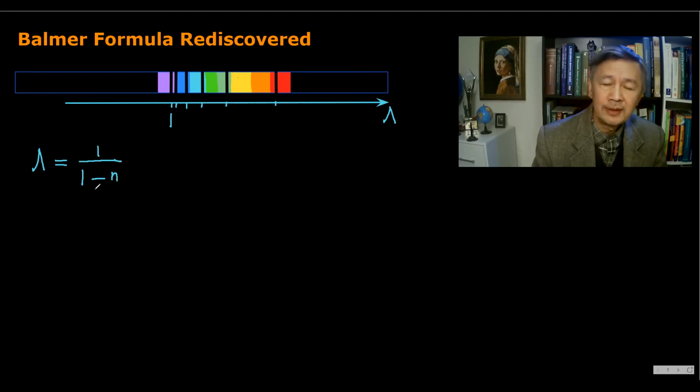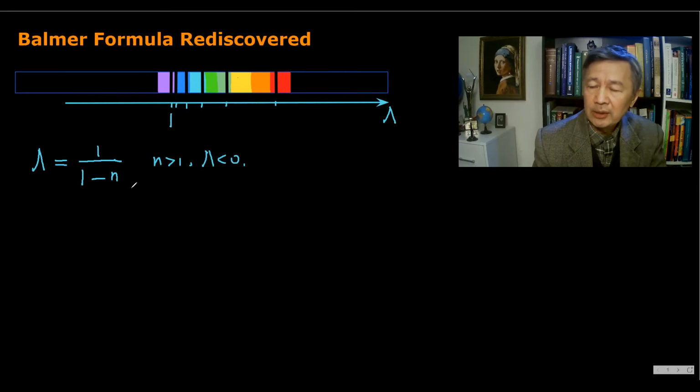However, the sign is not right, because if n is larger than 1, lambda becomes a negative number, which is physically meaningless. So the second trial we can use is to let lambda equal 1 over 1 minus 1 over n.